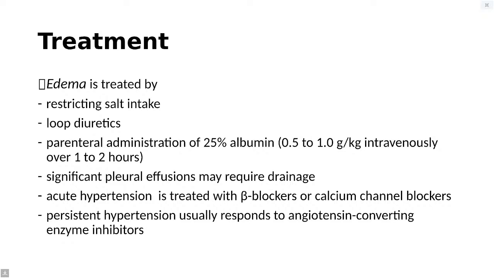The effect of this treatment is a high level of diuresis. The next is significant pleural effusion, and we can perform drainage. Acute hypertension is treated with beta blockers or calcium channel blockers, and persistent hypertension usually responds to angiotensin converting enzyme inhibitors.